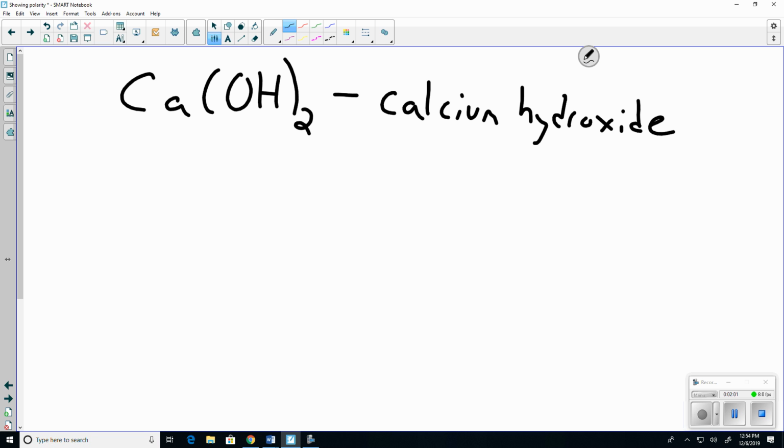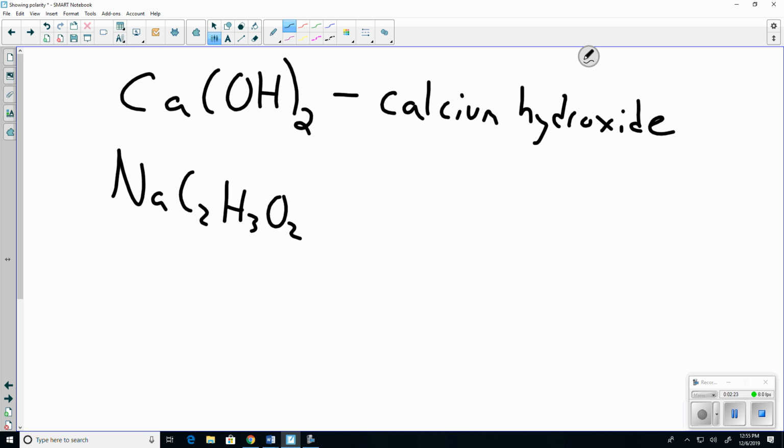If I look at practice problem number 1, it gives me NaC2H3O2. Again, we would not call this sodium carbon hydrogen oxide. Sodium acetate.